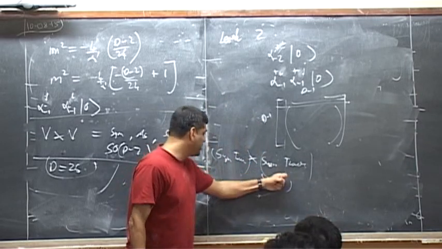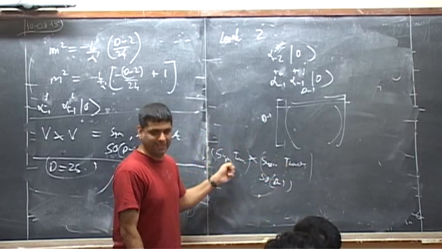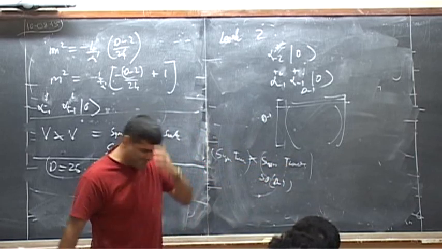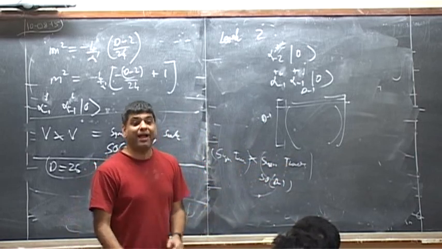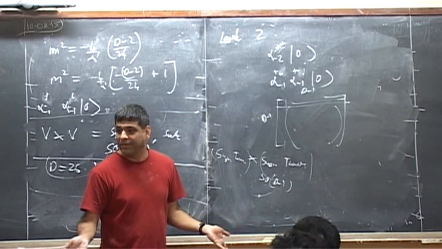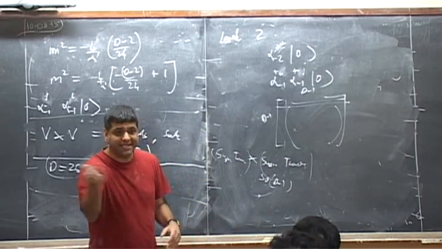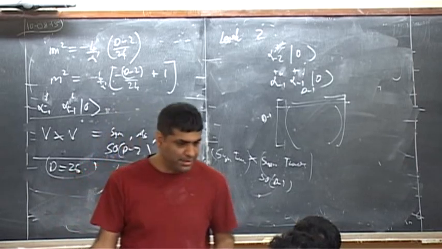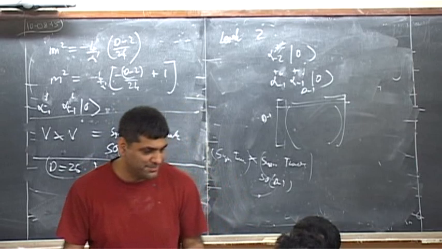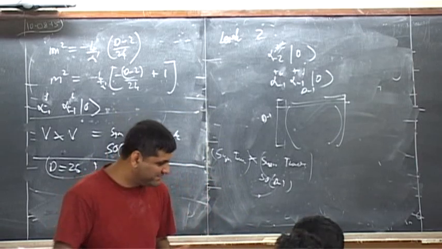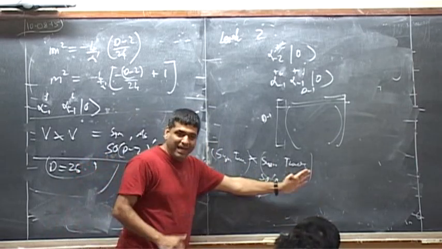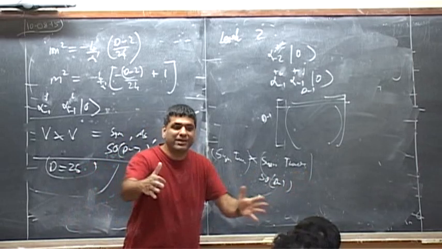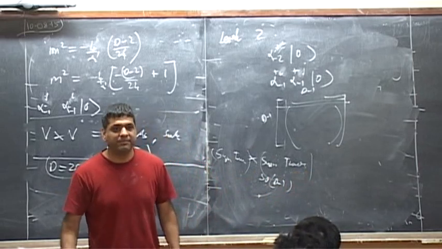Now you have to be a group theory champion to be able to do this decomposition. You really have to think about it. But for my purposes, I don't care. What I want to know is, were they representations of SO(D-1)? Now the tensor product of two SO(D-1) representations can always be decomposed in SO(D-1). So to actually enumerate, you have to think hard. We don't care. Okay, good question.